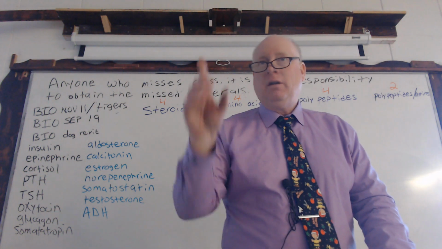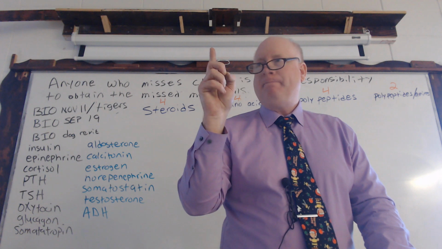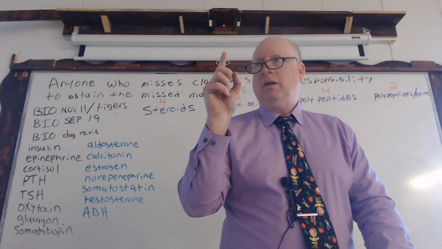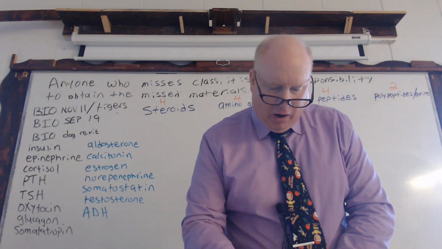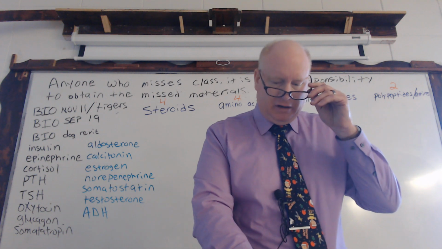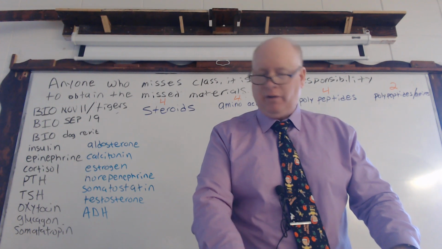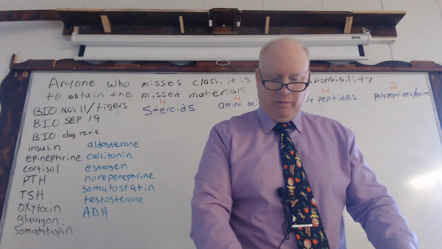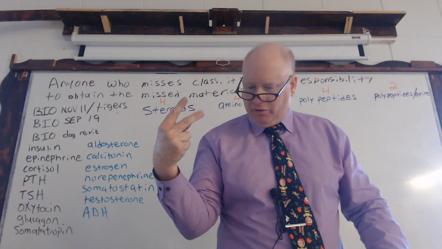But when you say PTH, that's one. Yes, PTH would come from the parathyroid gland. I was thinking calcitonin came from the parathyroids as well. No, that's not the case. That comes from the thyroid gland as well. So there's two main hormones, we could say.